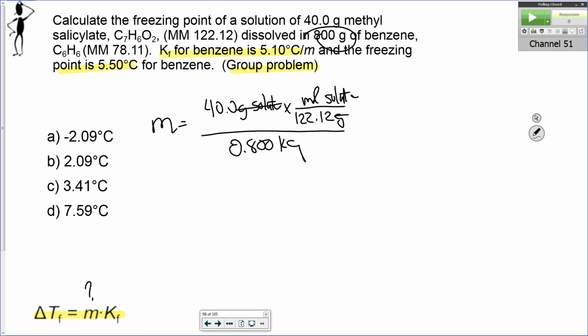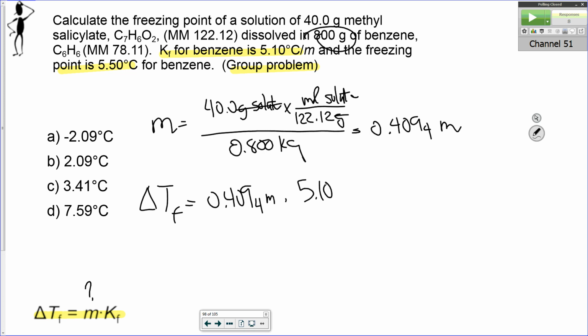Dividing, I get the molality is 0.409 molal. So now I can calculate the delta T, the change in freezing point. It's the molality times the freezing point depression constant, K sub F, 5.10 degrees Celsius per molal.